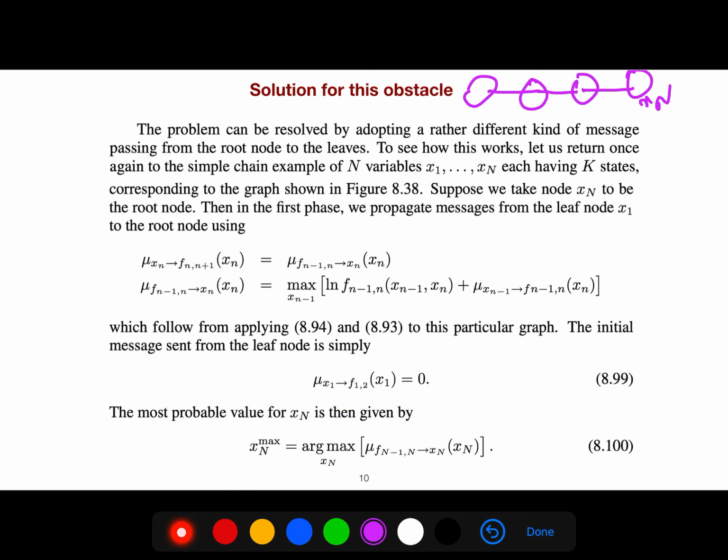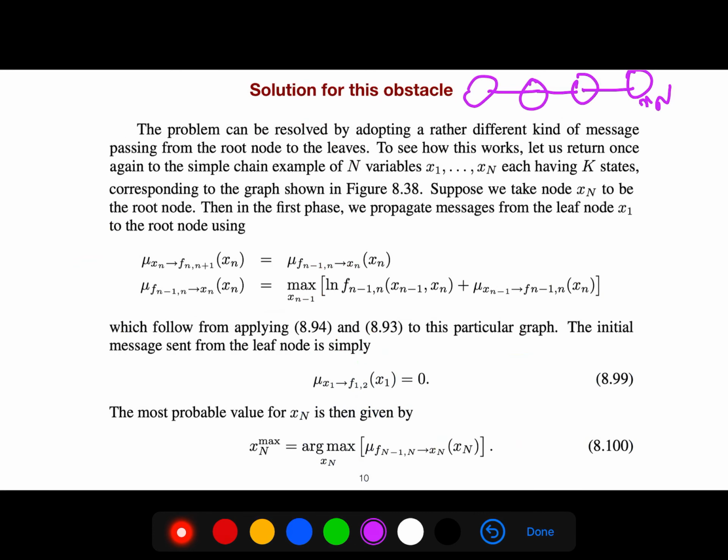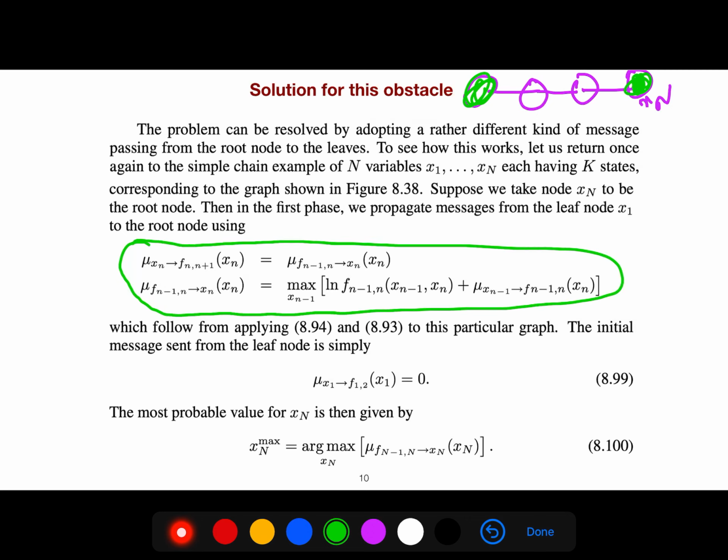We take node xN to be the root node. Then in the first phase we propagate messages from the leaf, which is x1, to the root. Until now, it's just the formula for max sum.